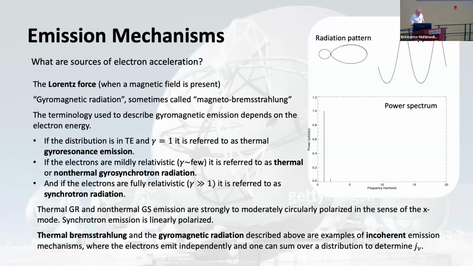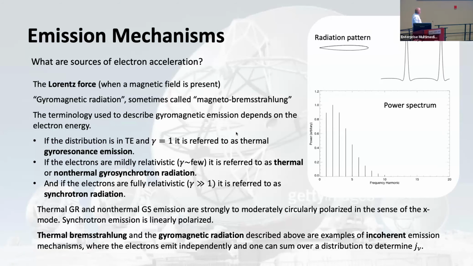What if we accelerate the electron a bit more? Then we get a more strongly beamed pattern. You get a more peaked electric field as it zooms in and out of the field of your line of sight. And if you take the power spectrum, you see that many more harmonics begin to appear. And what I don't show in the schematic is that the harmonics begin to broaden.